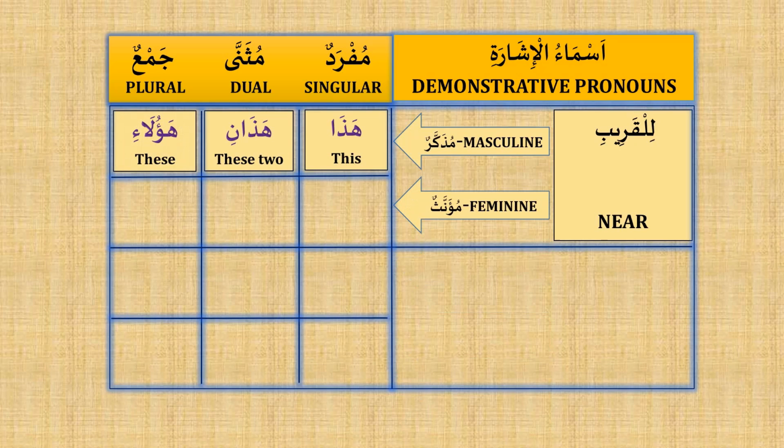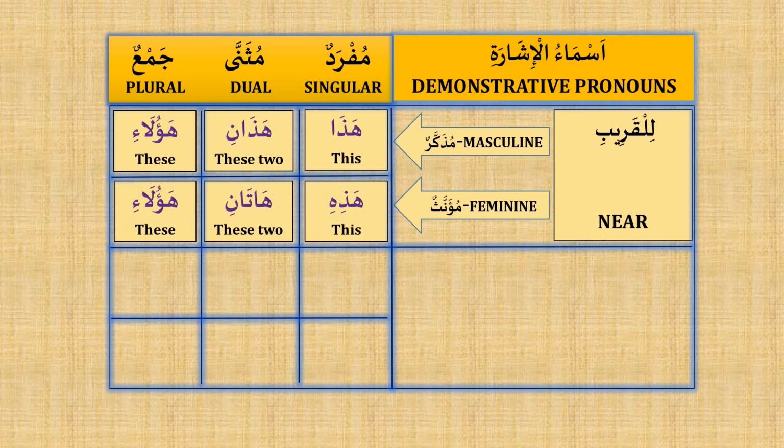The second, مؤنث feminine for near: هذه, this, هاتان, these two, هؤلاء, these, more than two objects or persons. هؤلاء is the same for both feminine and masculine.